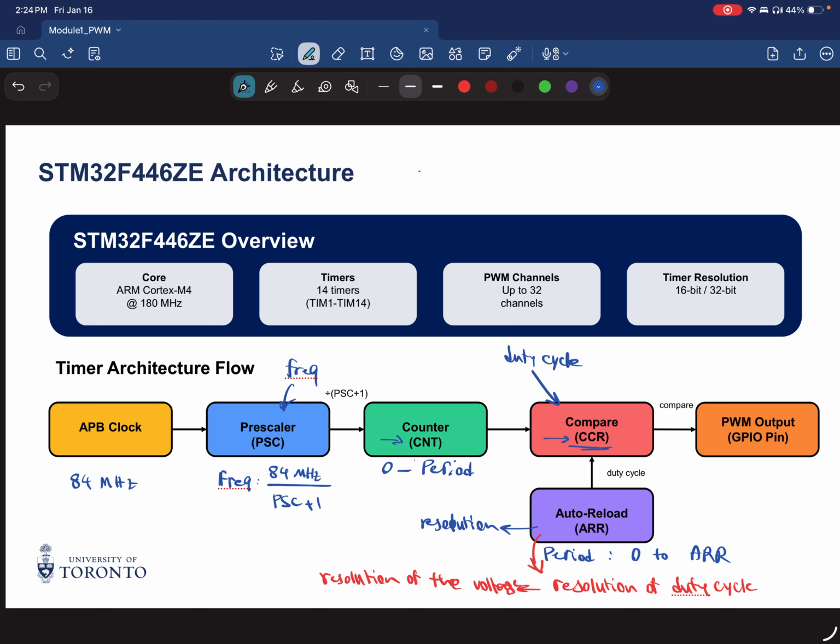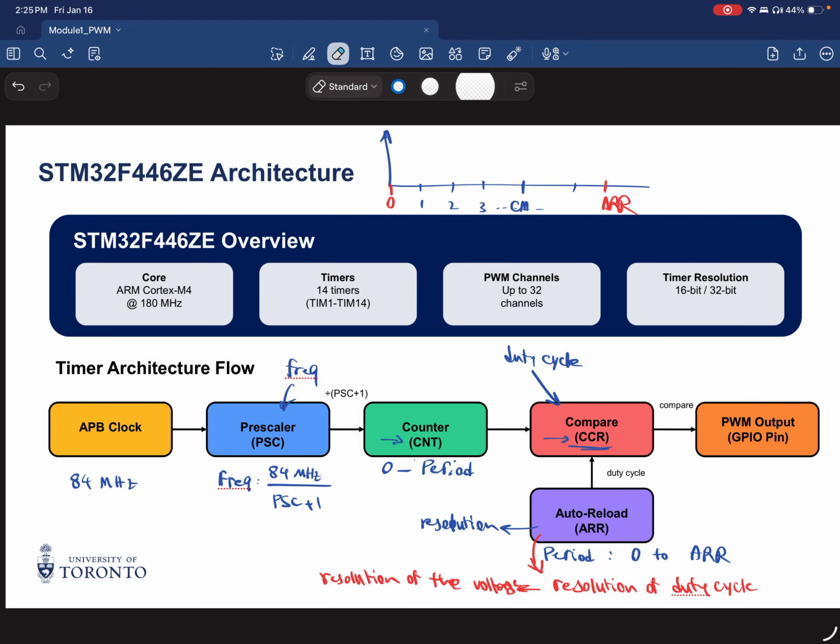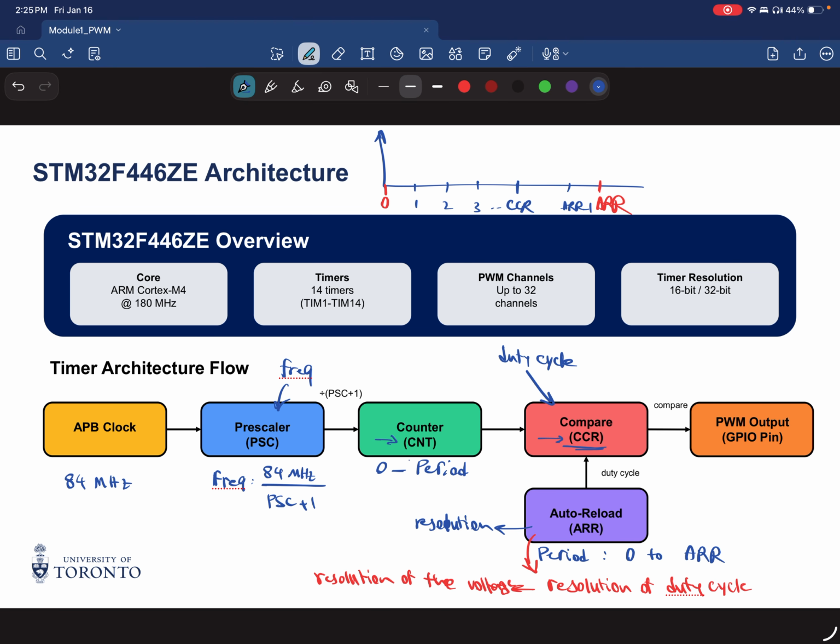If I want to draw this, the timer starts from 0 and goes to ARR before it goes back. In the middle I have my compare value, the CCR, and this is ARR minus 1. So the signal is 1 before the CCR and then 0 after the CCR.